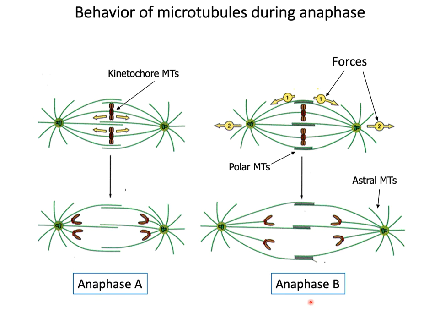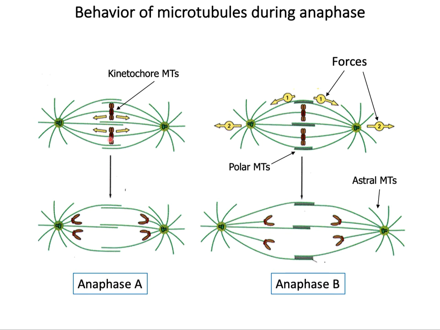But during the anaphase, the microtubules, all three populations of microtubules, behave very differently. And the way they behave creates the forces necessary to pull the sister chromatids apart and to elongate this spindle apparatus.